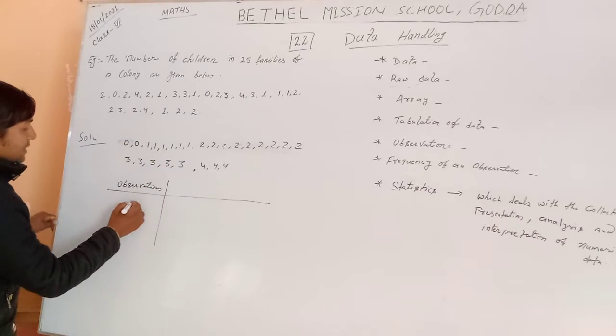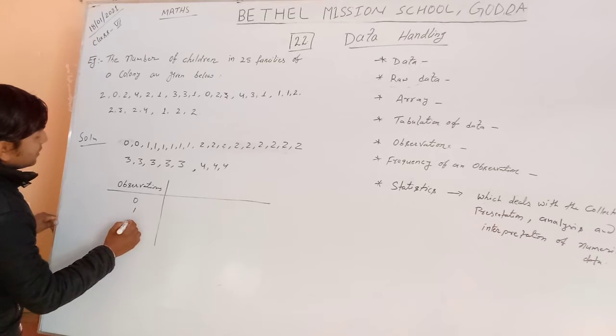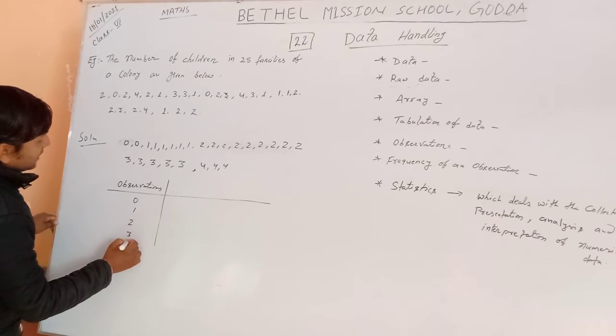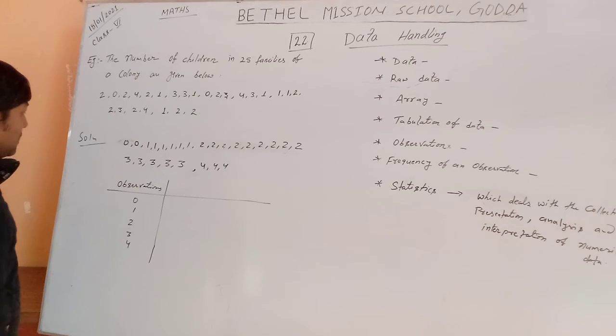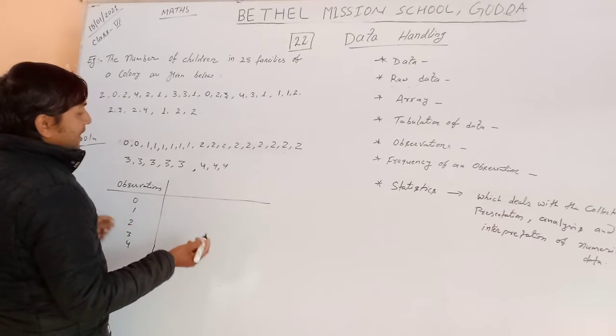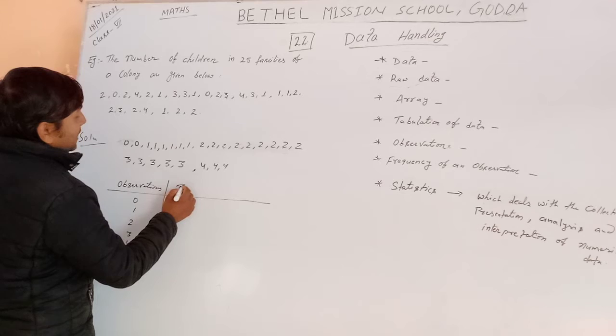Which are the observations? 0, 1, 2, 3, 4. Five observations have been given. Second, you have to write the tally marks.